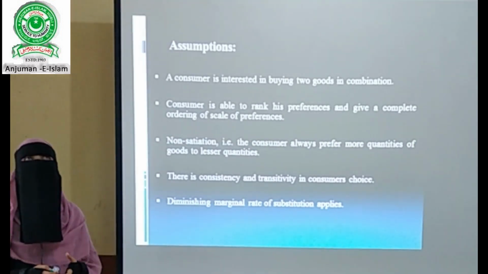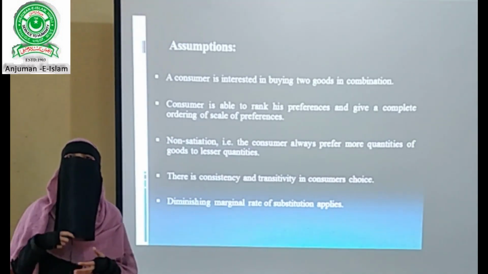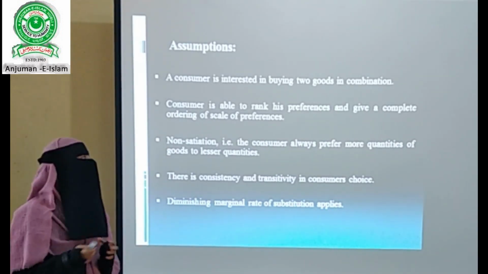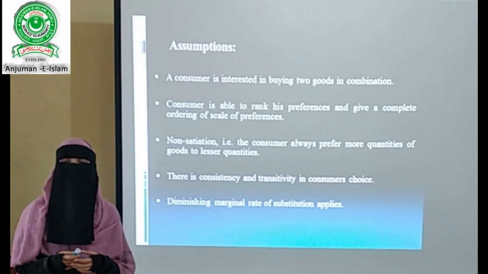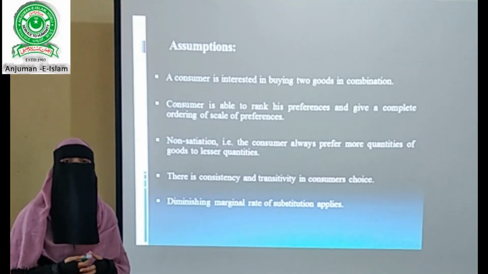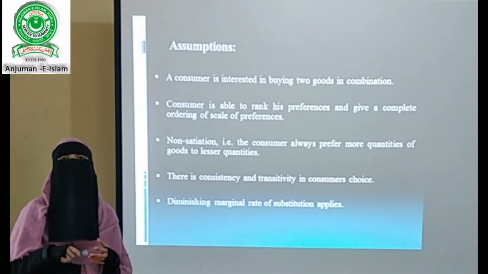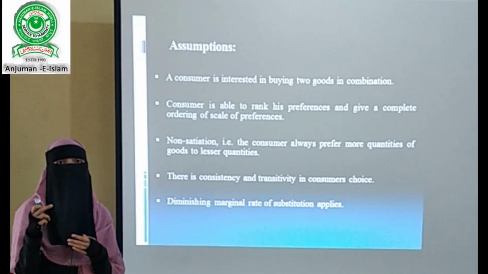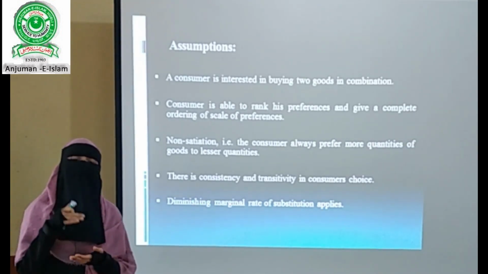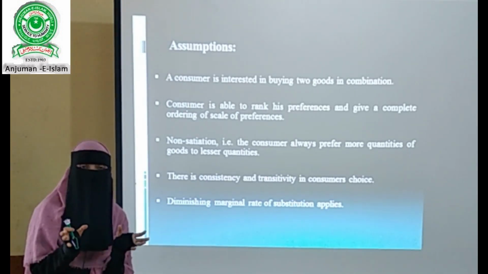The term satiation means the act of satisfying your needs, which gives you the highest level of satisfaction. The act of satisfaction is called satiation. So here it is said that the consumer will prefer the highest quantity of commodities because we know that the highest quantity is going to give the highest level of satisfaction. Suppose two baskets of goods have been kept in front of us.